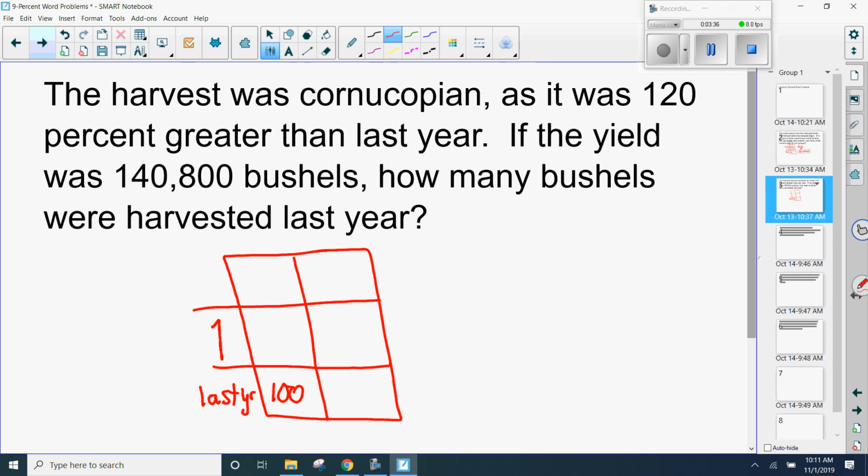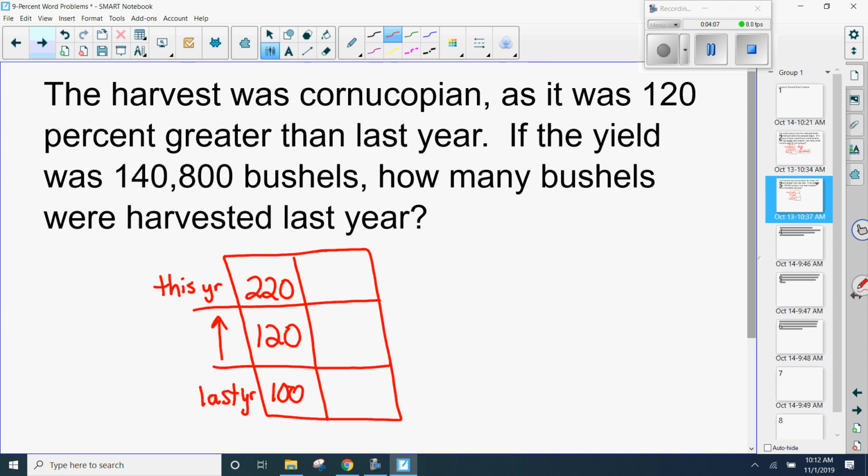So we are increasing that by 120%. That means that this year is what percent? 220%. So that 120% is not in reference to last year or this year. It's that increased difference that you have between the two. So as you increase it 120%, you are now at 220%.